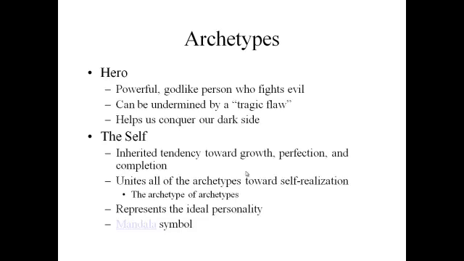And if any of you know anything about Superman, you know Superman's tragic flaw. His weakness is kryptonite, and kryptonite makes him powerless. Well, Jung's theory came about before Superman came out, but I wouldn't be surprised if the creator of Superman had at least a little bit of Jung in mind in developing his character.